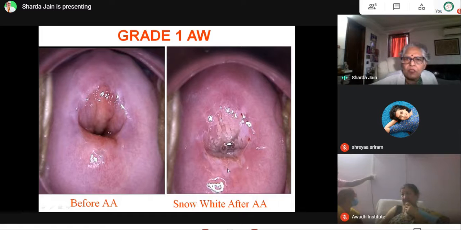You can see all the small gland openings. Can you see? These are all small gland openings. We graded this as grade 1, and it was again found to be CIN1.